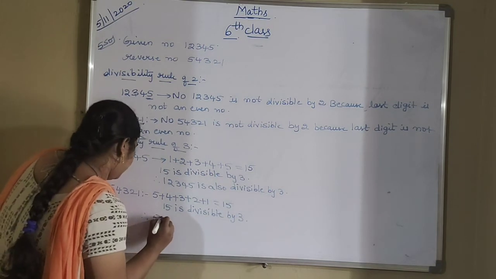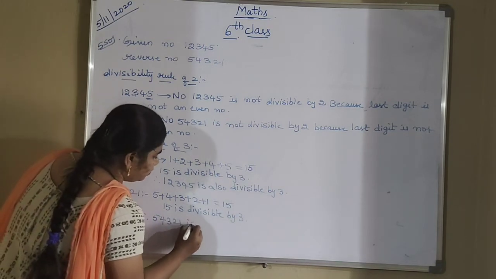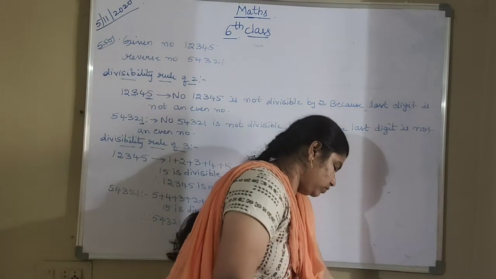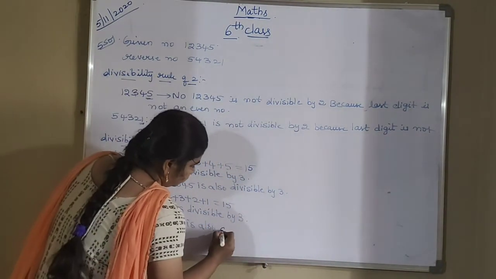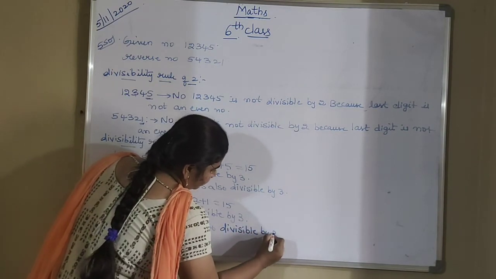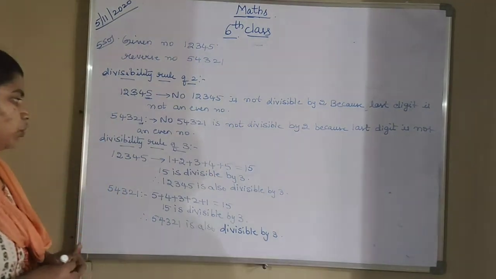Therefore 5, 4, 3, 2, 1 is also divisible by 3. So this is the divisibility rule of 3.